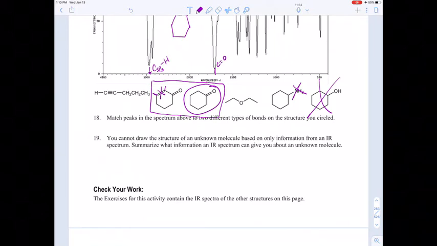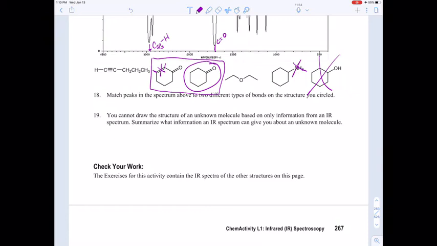You cannot draw the structure of an unknown molecule based only on information from an IR spectrum. Summarize what information an IR spectrum can give you about an unknown molecule. Okay, here I want you to hit pause, and I want you to think through this really carefully. An IR spectrum tells us one thing.